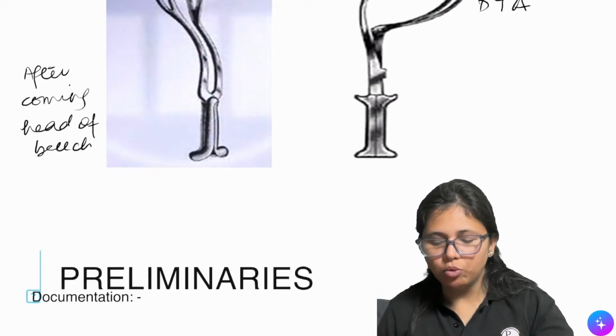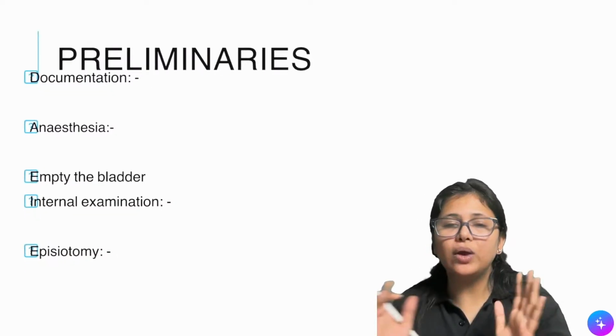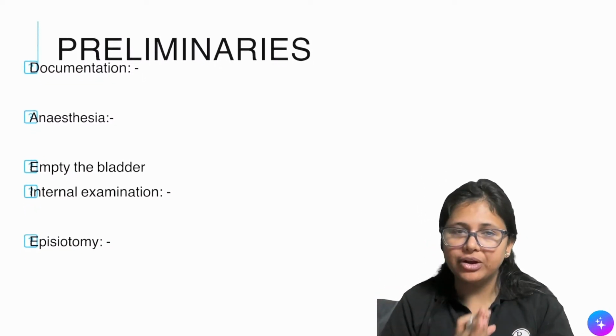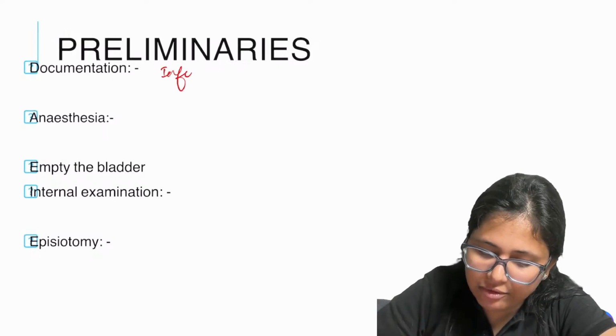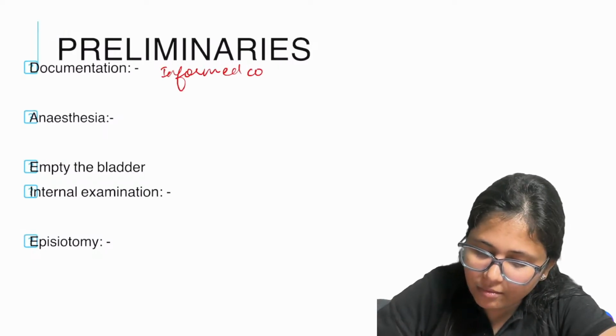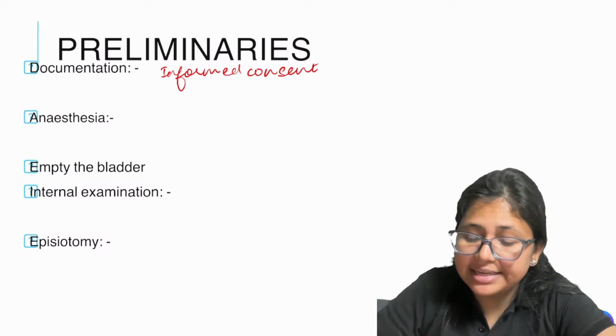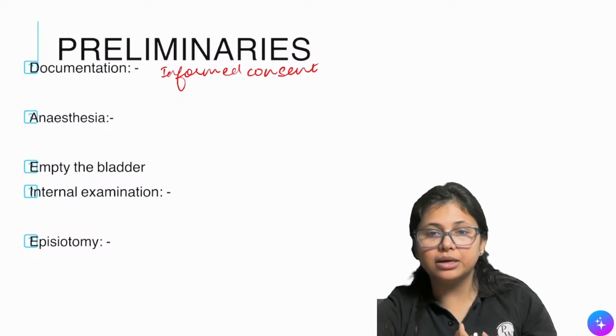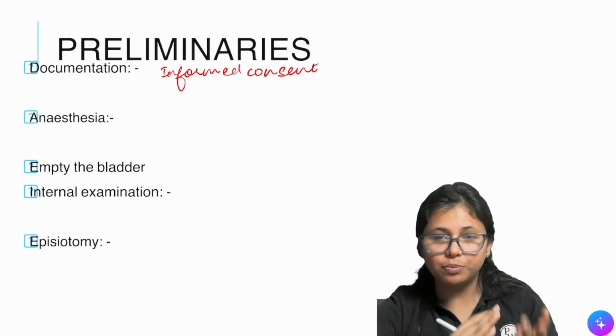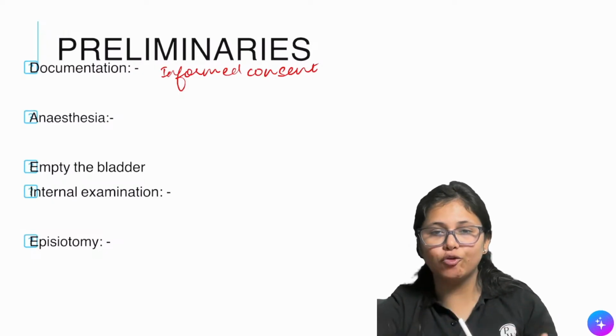Okay. Now, moving on. Before we do an instrumental delivery, there are certain preliminaries. There has to be documentation which should include your informed consent. Very recently, there was a case in the UK where a woman sued a doctor because he did not obtain proper written consent before doing an instrumental delivery, right?